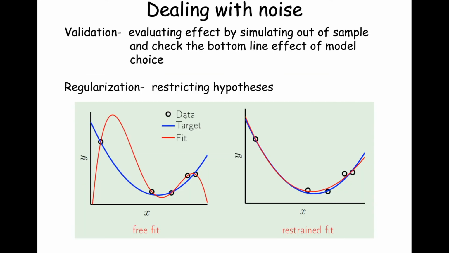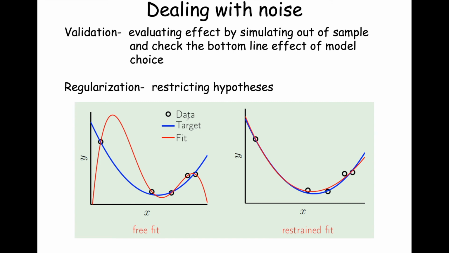All right. So how can you try to deal with this noise? Well, one of the things you can do is evaluate the effect of this noise by simulating or estimating out-of-sample error, and then check what model choices are the best choice. That's called validation.